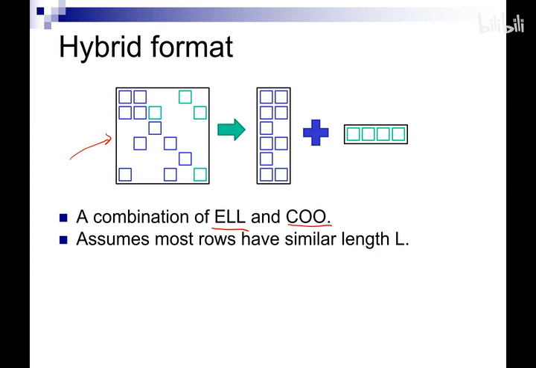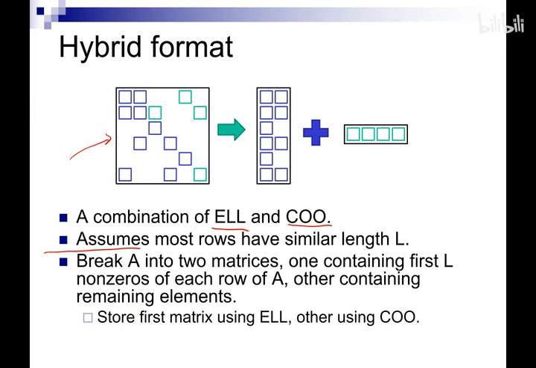The hybrid format is suitable when most rows have about the same length. That means most of this matrix you're going to store in the ELL format, and there's going to be a small fraction that you store in the COO format. So that's the hybrid format.